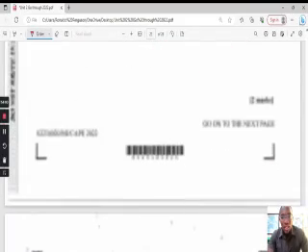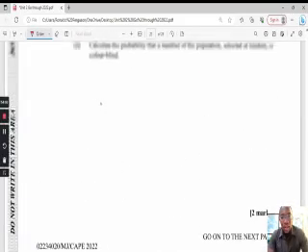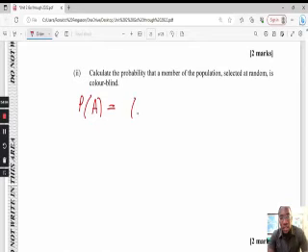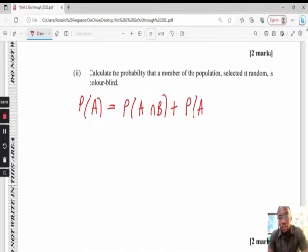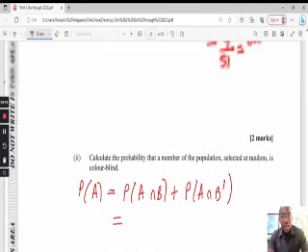So let me write the formula: it's male and colorblind, plus female and colorblind.